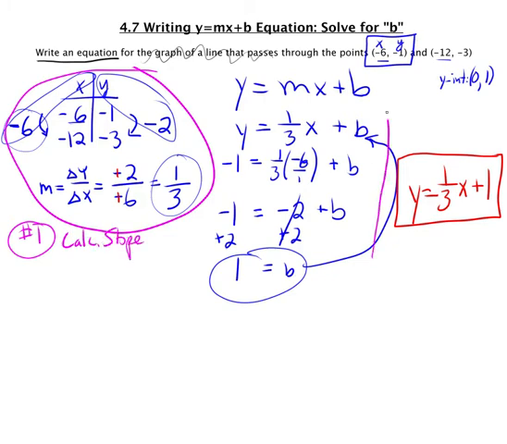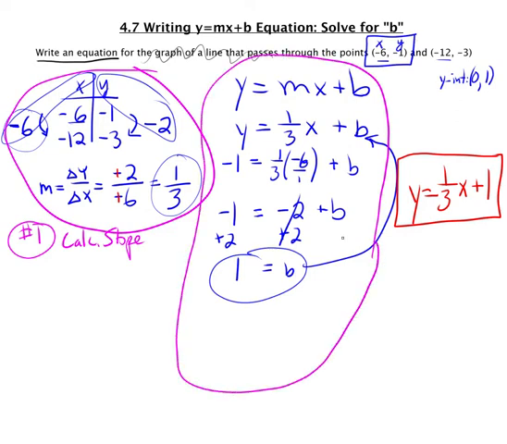Step number 2 is to solve for the y-intercept. So we need to substitute one of the points.